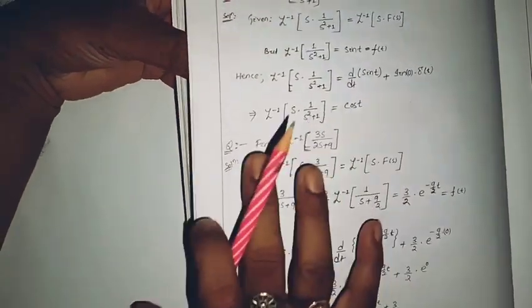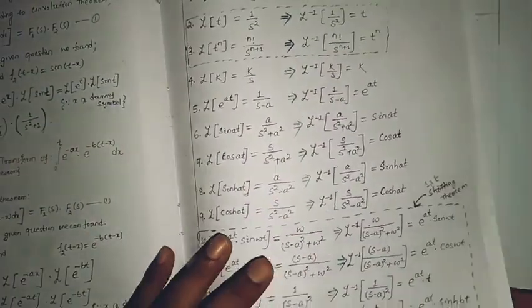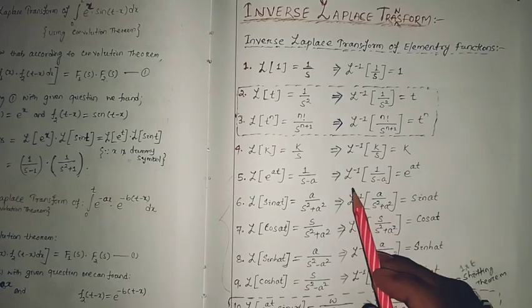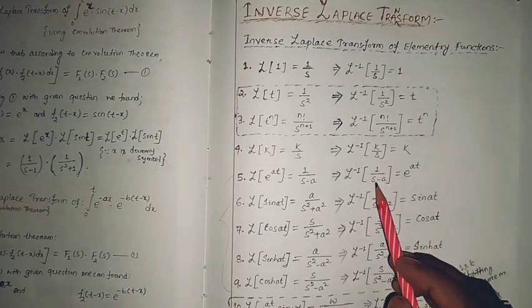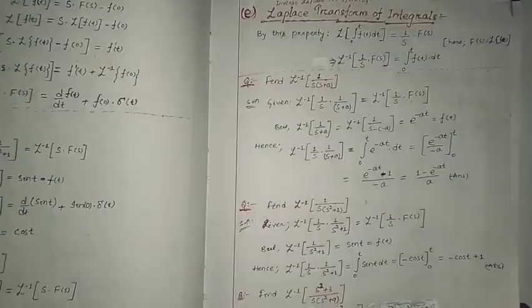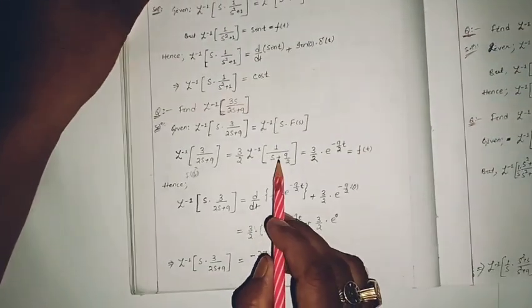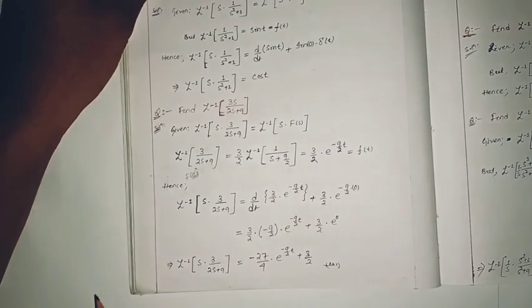Now we are going to consider this one. Here you can see that the inverse Laplace transform of 1 by s minus a equals e to the power at. So this also can be written in that format, s minus of minus 9 by 2.